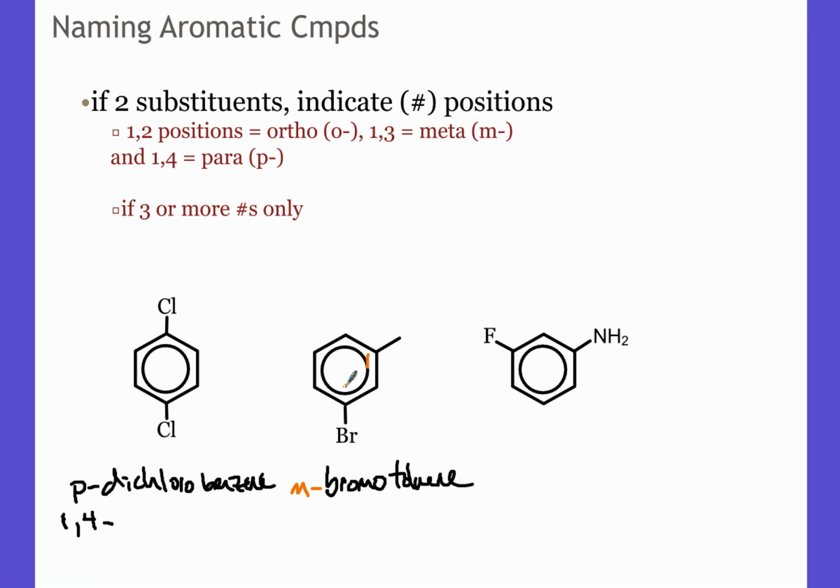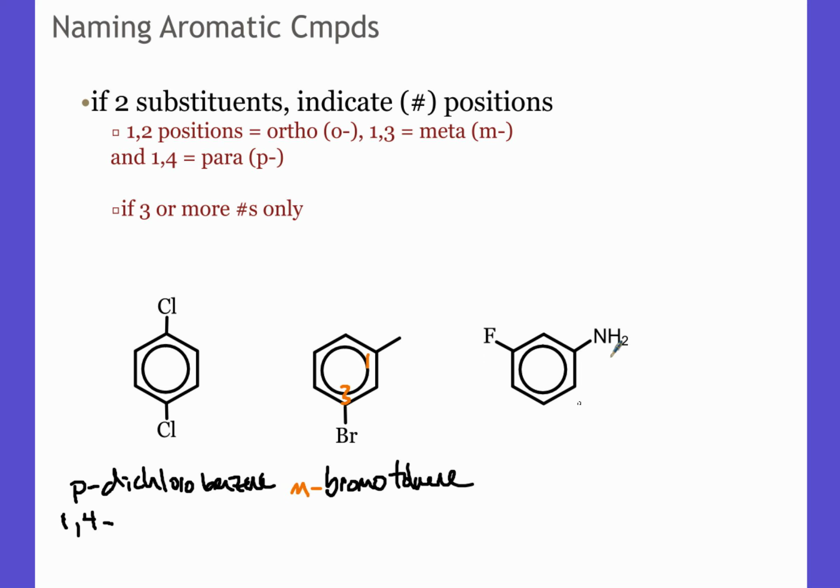I'm going to use an M for 1, 3 because meta means that it's in between the ortho and the para, essentially. Para means opposite, ortho means adjacent, meta is in between, right? Otherwise, m-bromotoluene would be a good name for this.